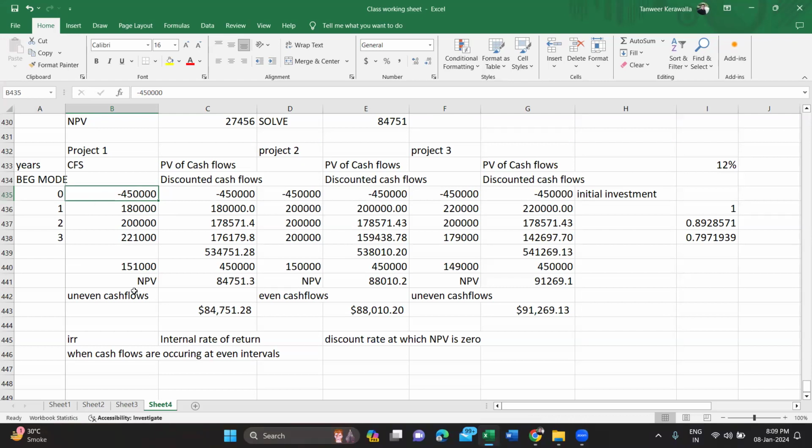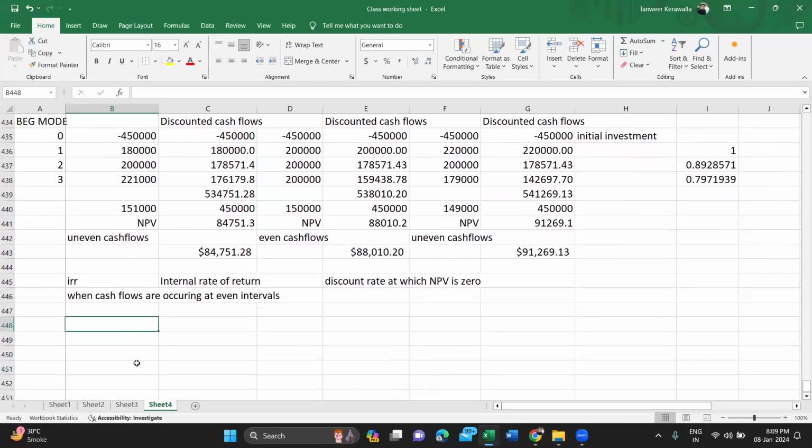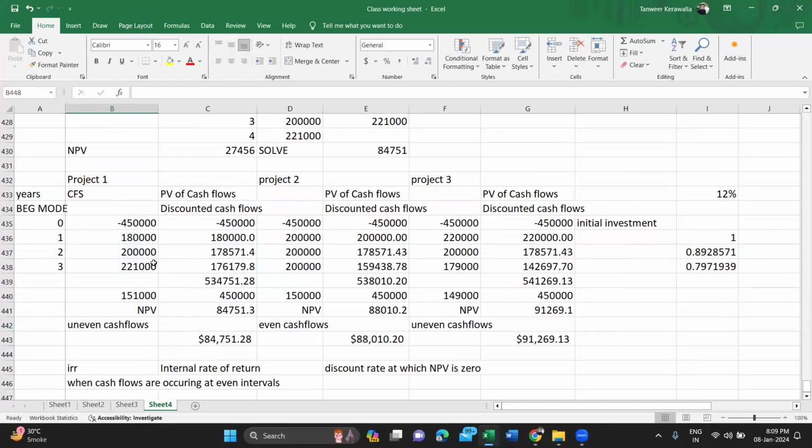If the cash flows are at equal intervals, then you can use the IRR formula very easily. What's the formula? If I want to compute the IRR of this project one, the formula is IRR, bracket open, values. So you take all the values from your initial investment till the last one. Sorry, I have to do it for end mode.